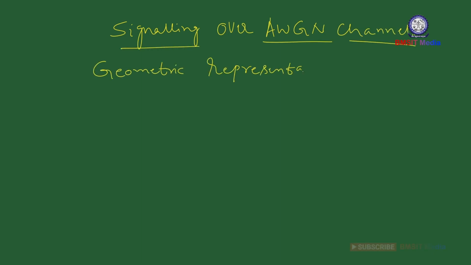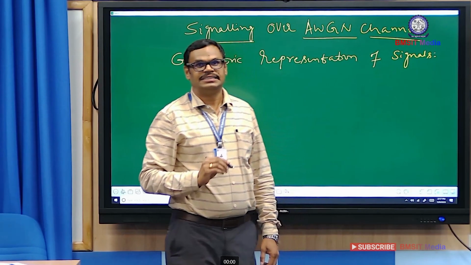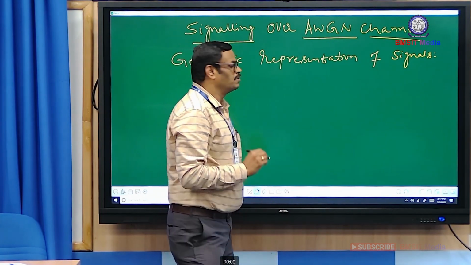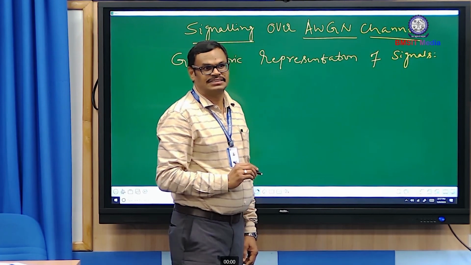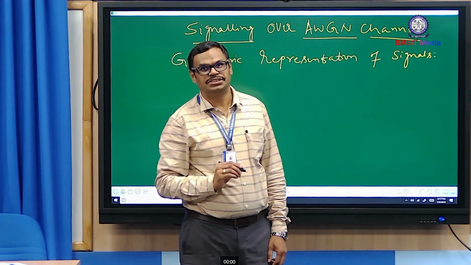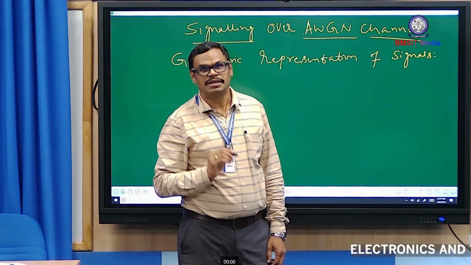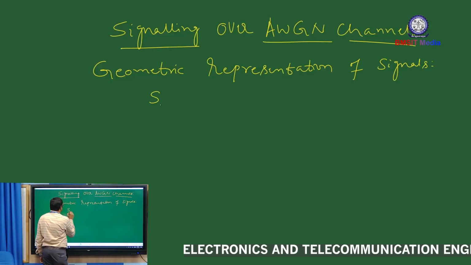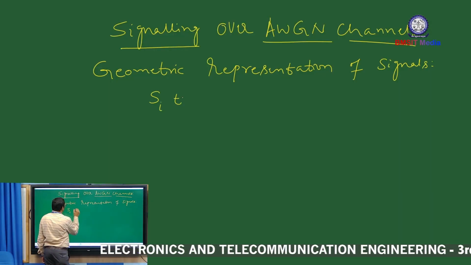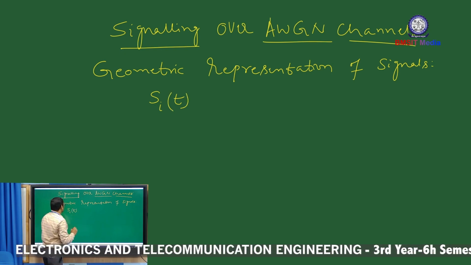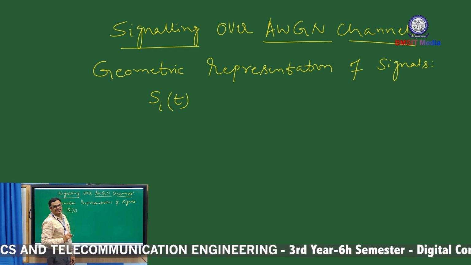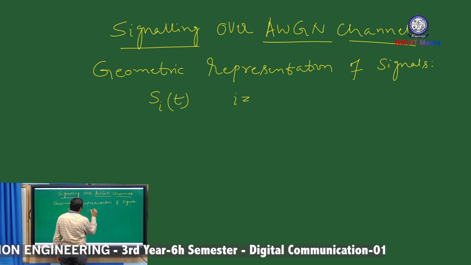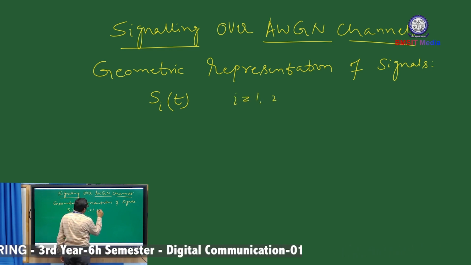Geometric representation of signals is a method for representing m finite energy signals as a linear combination of n orthonormal basis functions. So Si of t is the m finite energy signal, where the value of i can vary from 1 to m.